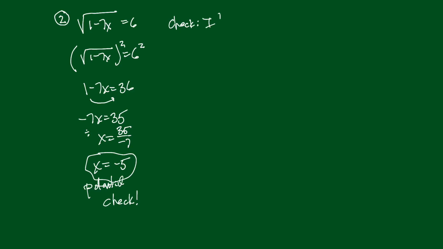And I will say if x equals negative 5, then, all right, now take that negative 5, our potential solution, and put it into the original equation for x. So we will have the square root of 1 minus 7 times negative 5. Okay, is that equal to 6?